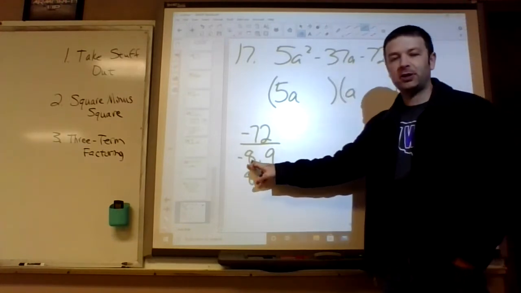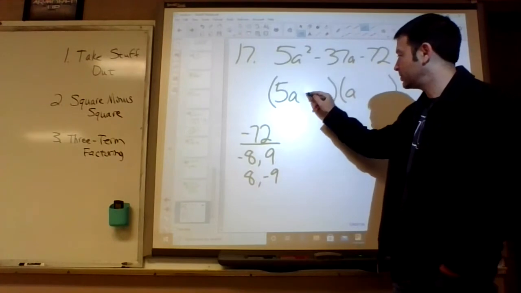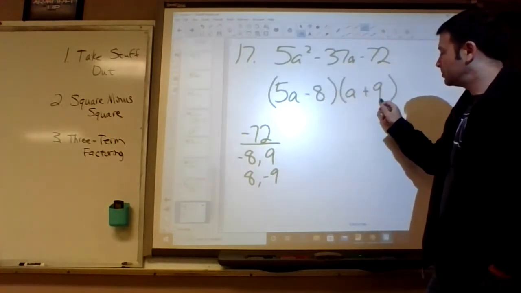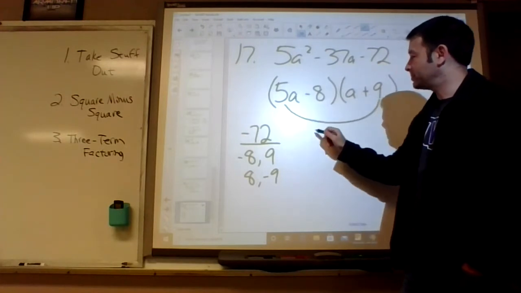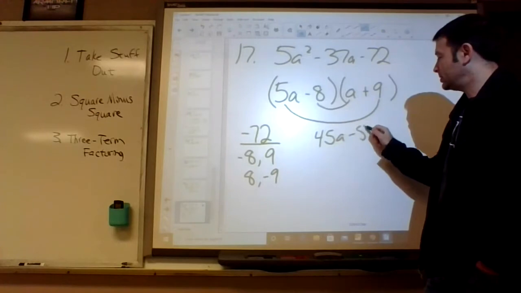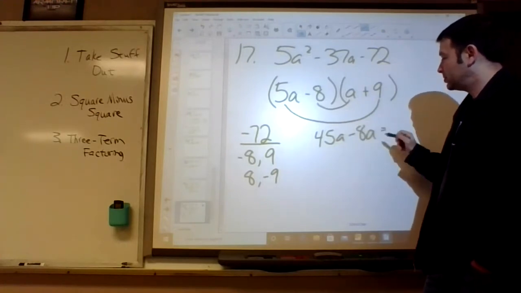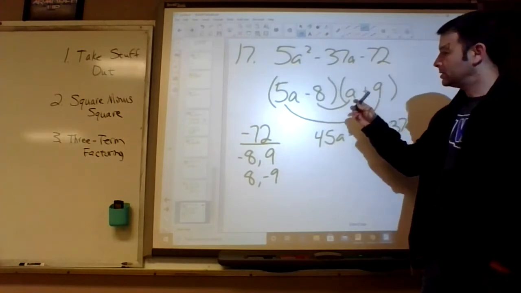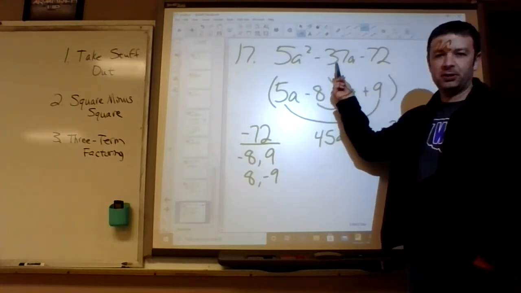So I'll just try my first one, negative 8 plus 9. So if I do outside, that's 9 times 5, 45. Inside is minus 8, which if you subtract that would give you 37. Okay, so I got pretty close.